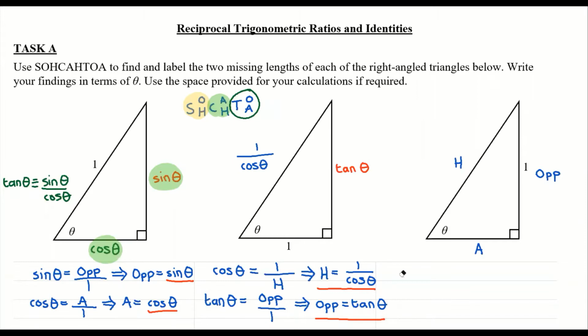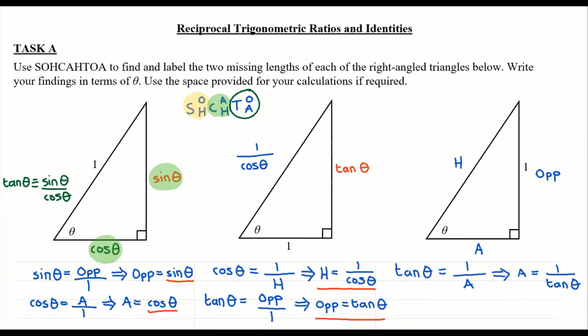So tan of theta is going to equal the opposite, which is 1, over the adjacent. So the adjacent must be the reciprocal of tan theta. Just reciprocate both sides, like that. So that must be my adjacent side.